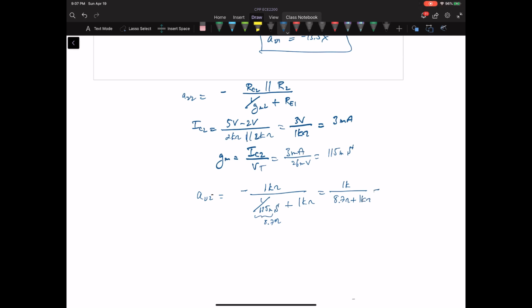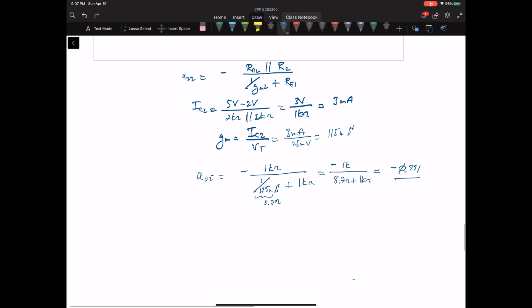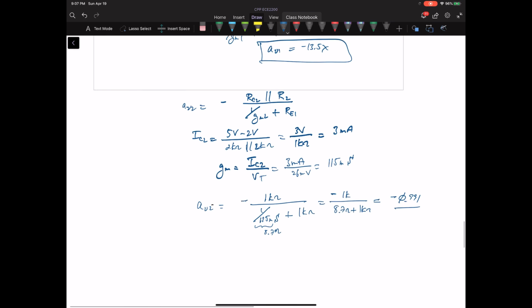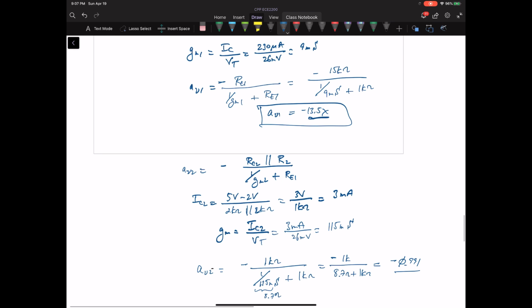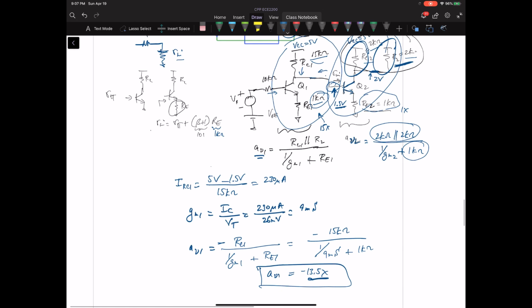So that's like minus 0.991. Okay, great. So the gain of the second stage is a little bit less than a gain of 1, but it's close to 1, which is good. So when I multiply that by the gain of the first stage, I've managed not to screw up my total gain much. So it's doing a good job as a buffer. So great, that's working out.